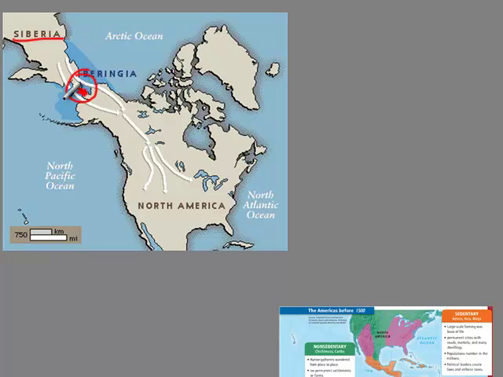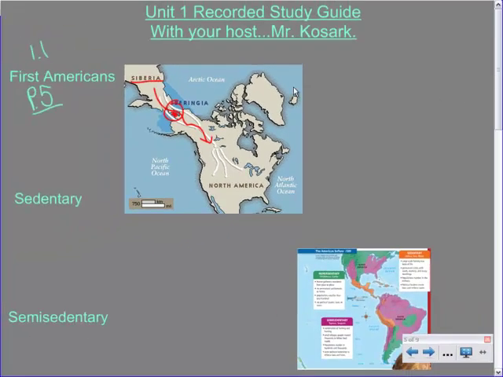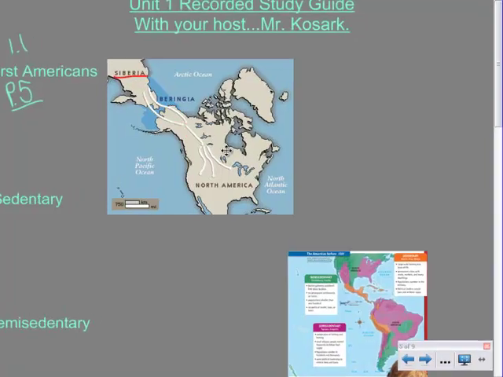So these people from Asia, this is Asia over here, would walk and follow animals through the land bridge, and as the Ice Age ended, that water rose, and that's why there's no land there today. So that is what we're looking at for first Americans.